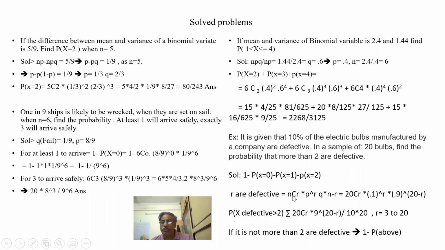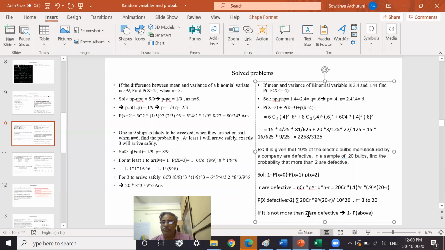So if I put x is 0, nC0 p to the power of r, q to the power of n minus r, nC1, and so on, where n is 20, p is 0.1, q is 0.9. So I have to add these 3 and subtract. Both are the same, we will get the same answer. If more than 2 are defective, then 1 minus this P. I have not calculated it yet, we have to do that.